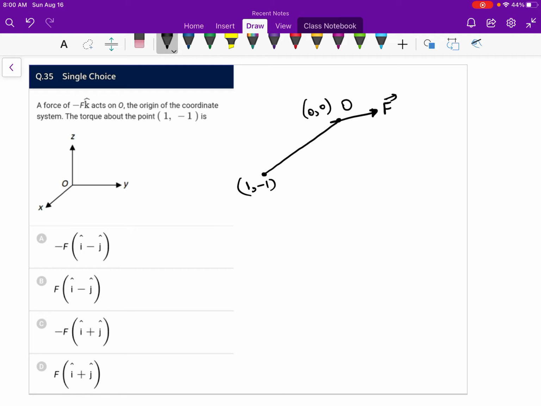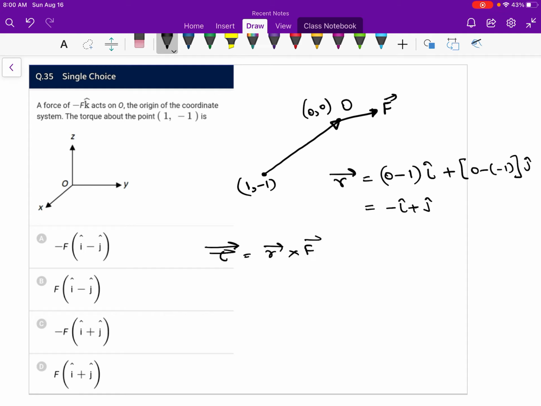So we need to write the position of the point of application relative to 1 comma minus 1. So r vector is 0 minus 1 i cap plus 0 minus minus 1 j cap. So this is minus i cap plus j cap.